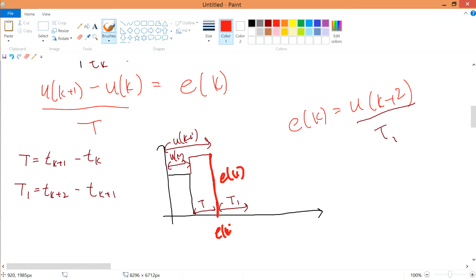So this is ek, this is ek minus 1. Over here, this is ek plus 1. But anyway, this is ek. Nonetheless, this line over here can be represented because if you think about it, this is the new area you're talking about. So this ek is equals to your uk plus 2.